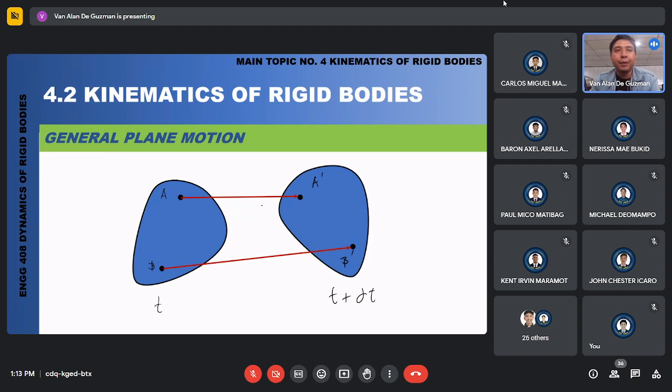Hindi po ko tatanggap ng basta yung translation ay linear, pag rotation ay rotation about a fixed axis, tapos kapag general motion ay combination. Yung mga pinakita ko sa inyo na derivation, papalabasin niyo po yun. Gusto ko po makita yun. Kasi I want to ascertain kung naintindihan niyo kung paano napalabas yung ating mga equation, kung paano napalabas yung ating mga explanations.